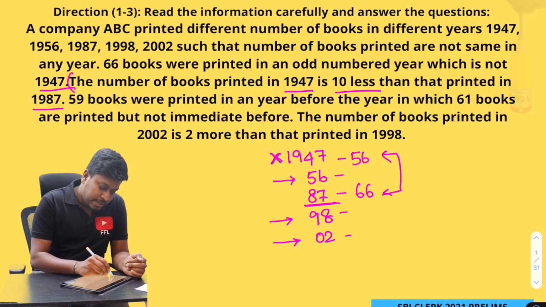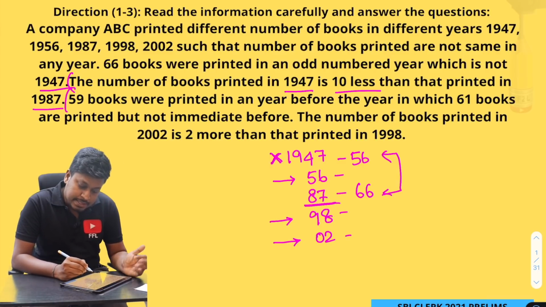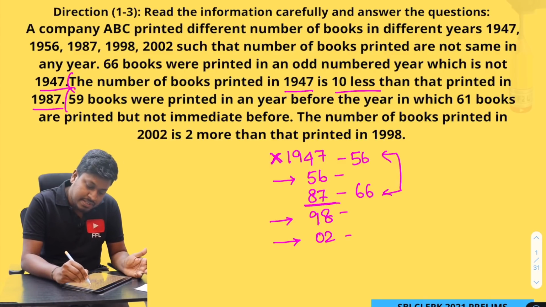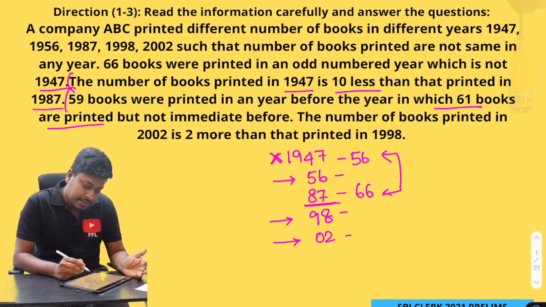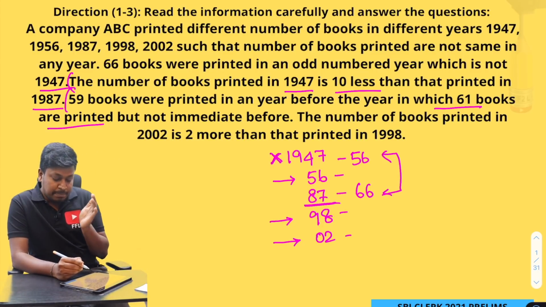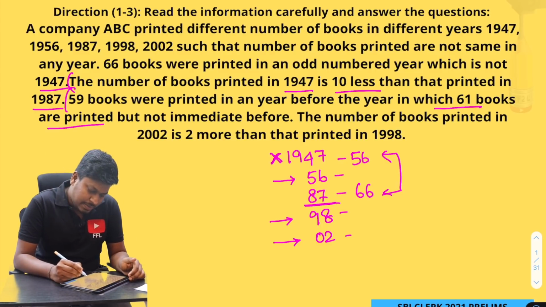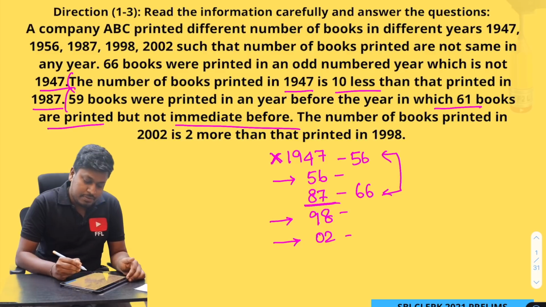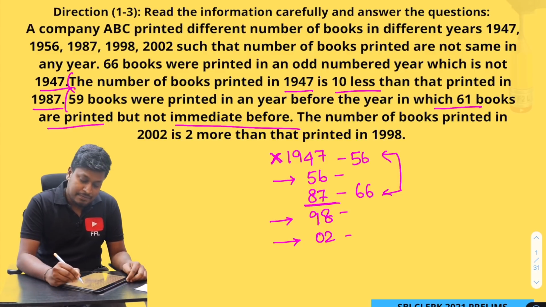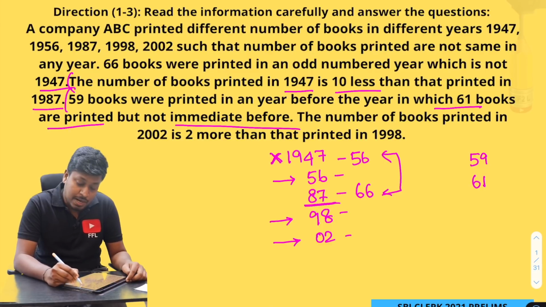Next point, 59 books were printed in the year before the year in which 61 books were printed, but not immediately before. It's interesting, right? First 59 books were printed and then 61 books were printed, but not immediately.